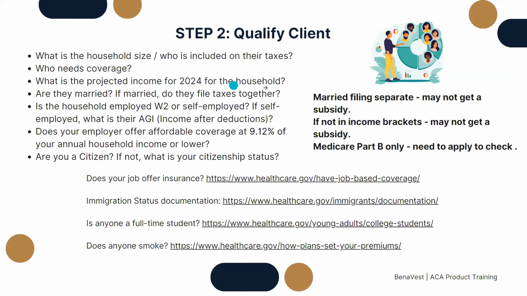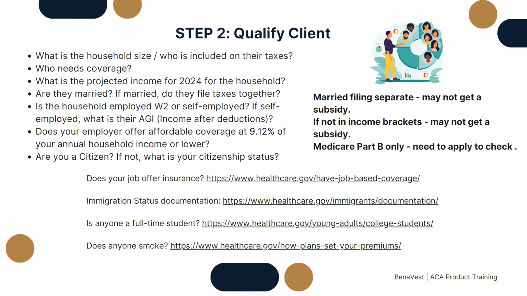What is the projected income for the 2024 household? So they can kind of estimate that based on their 2023 income. Are they married? If they're married, do they file taxes together? They have to file together in order to get that tax credit. So if they're married filing separate, they may not get that subsidy because they're filing separate to maybe already get more benefits.